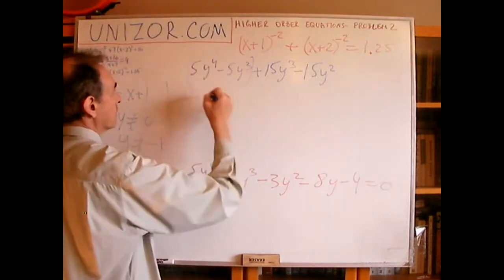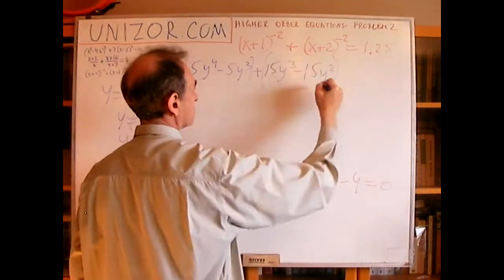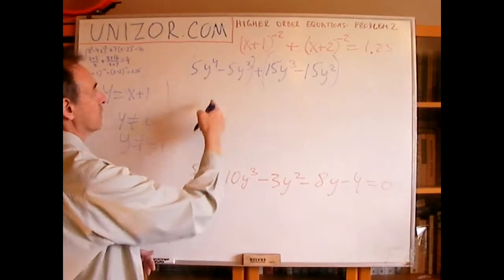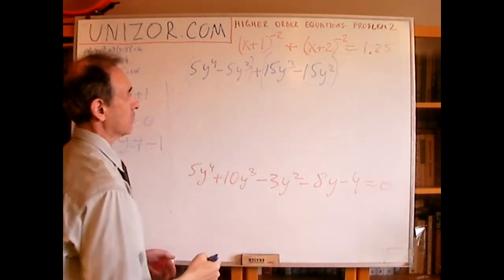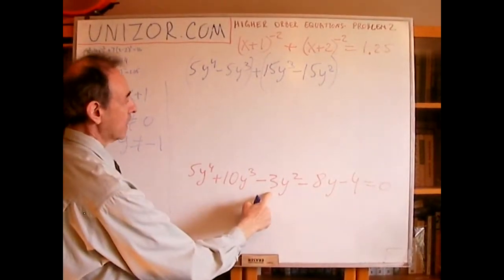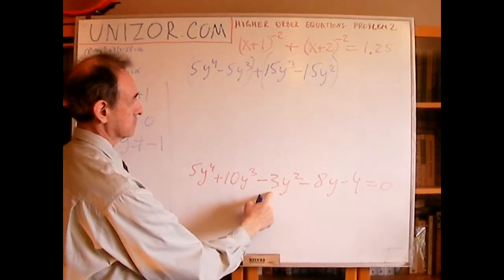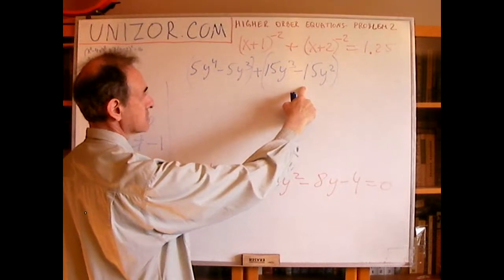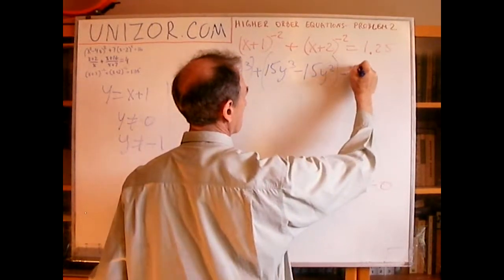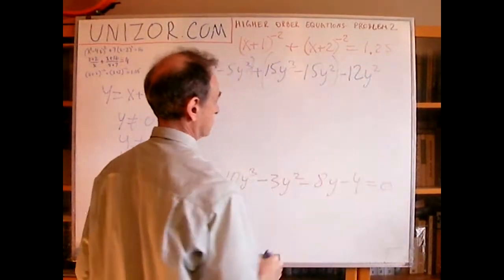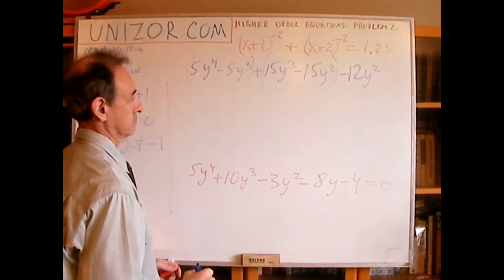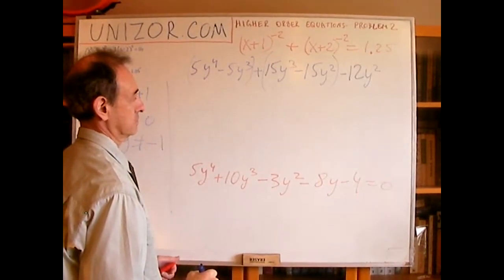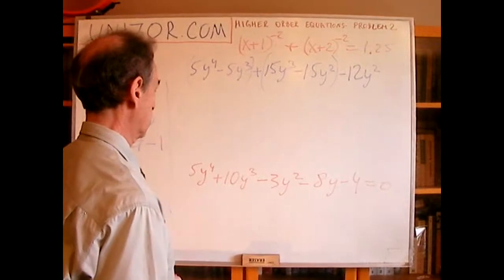So this would be multiplication of factor of y minus 1 by something. This would be y minus 1 by something else. Now I need minus 3. I have minus 15. So I have to add 12y squared. Right?